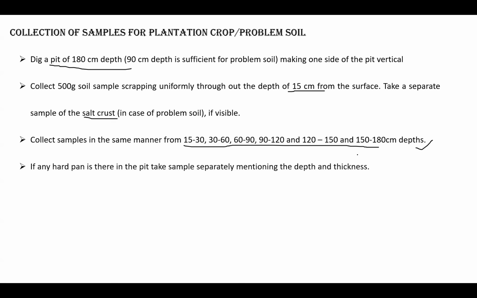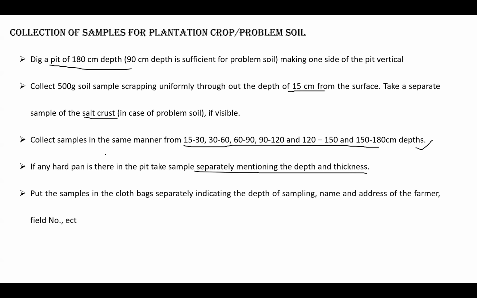And if you find any hard pan, we have to take that sample separately by mentioning the thickness of that hard pan. And we have to put the samples in a cloth bag. As I told, cloth bags are very comfortable and very safe compared to polythene bags, but that depends on choice. So mention the name and address of the farmer, and depth of the soil sample.